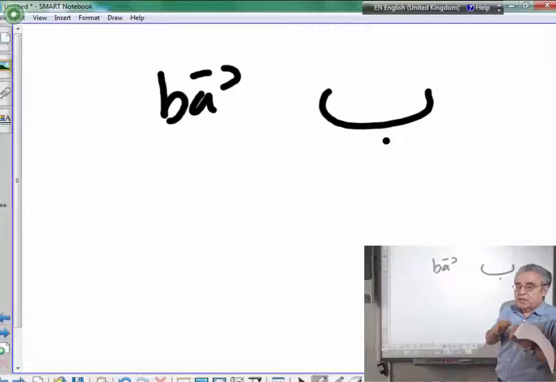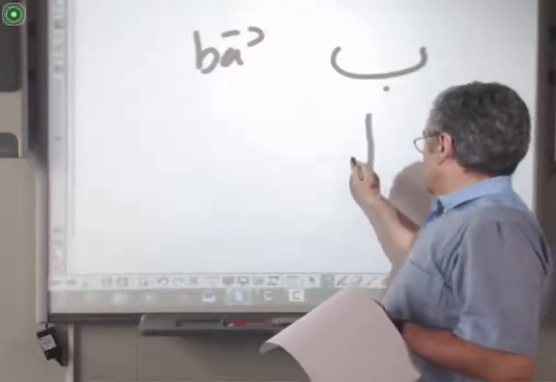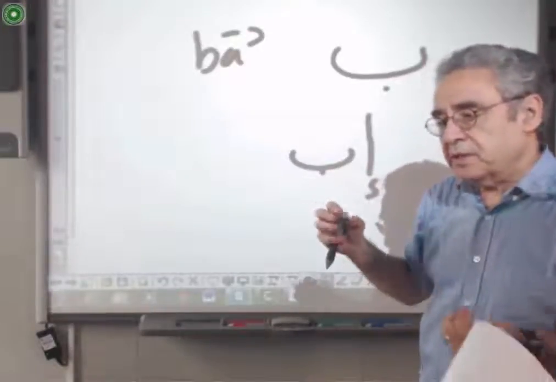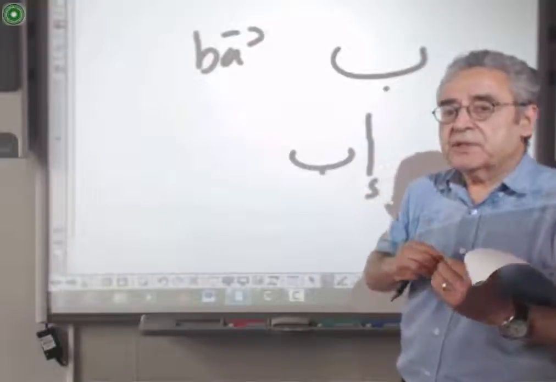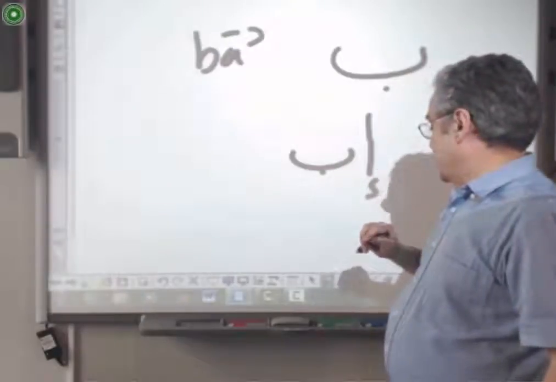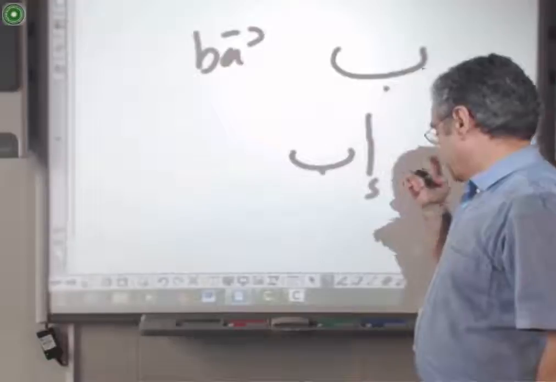So say it with me. Ib. Shortly the two lips meet and you get the voice ib. So ib is here equivalent to ba.